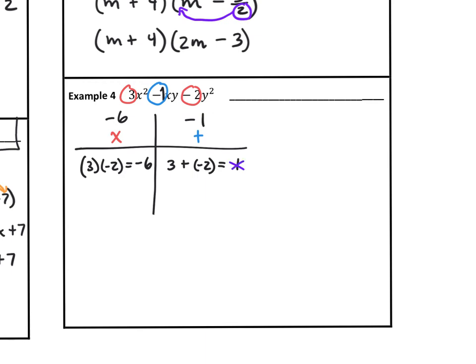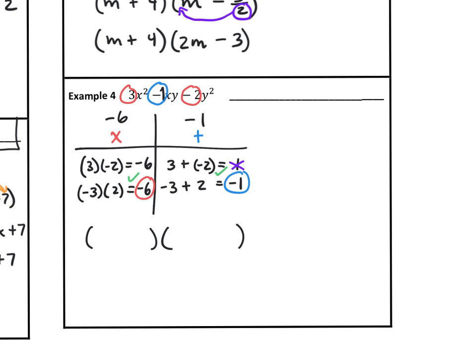So how can I get a negative 1? What if we switch the signs? Right, because negative 3 times 2 is negative 6. But what is negative 3 plus 2? That's negative 1. So that works. That combination works. And so we would set up our 2 parentheses here.